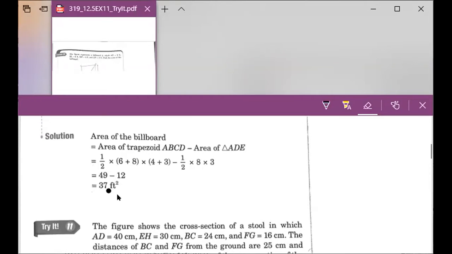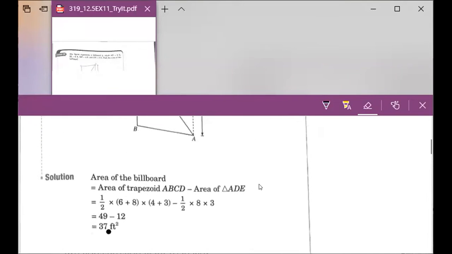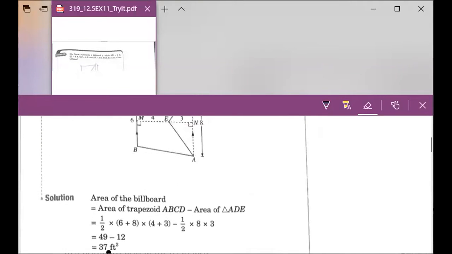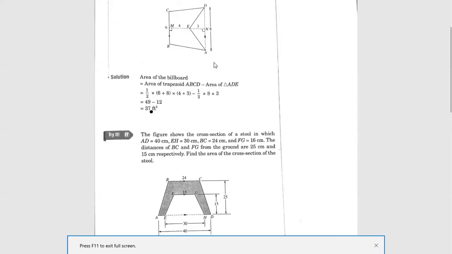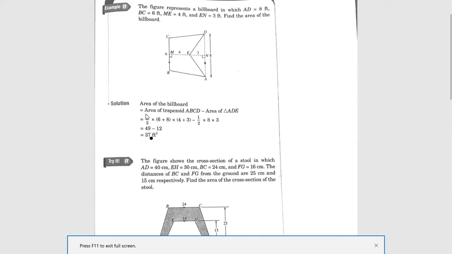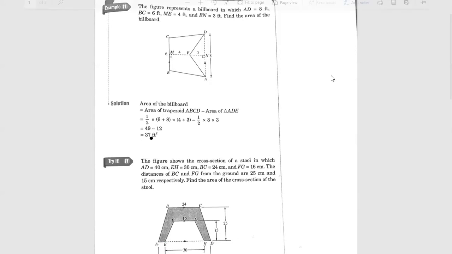She took away 12, Sam. All right, so let me explain how I get 49 from here. From this picture, we want to figure out the area of a trapezoid.